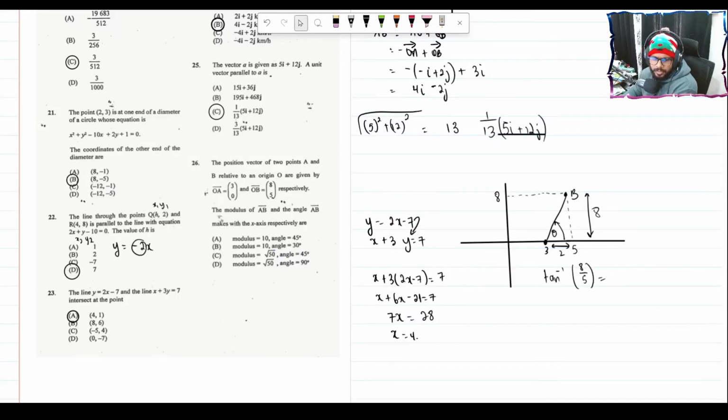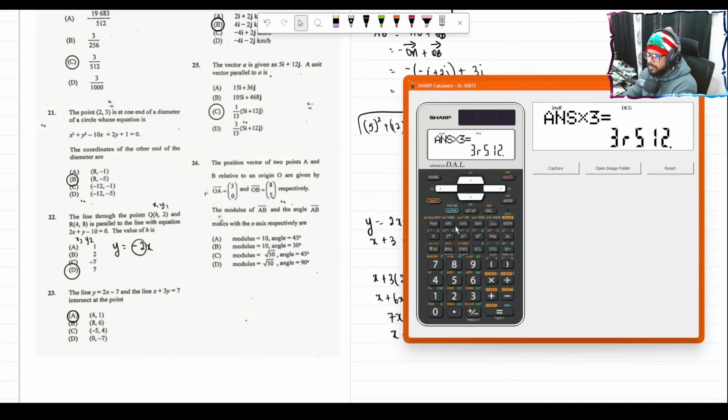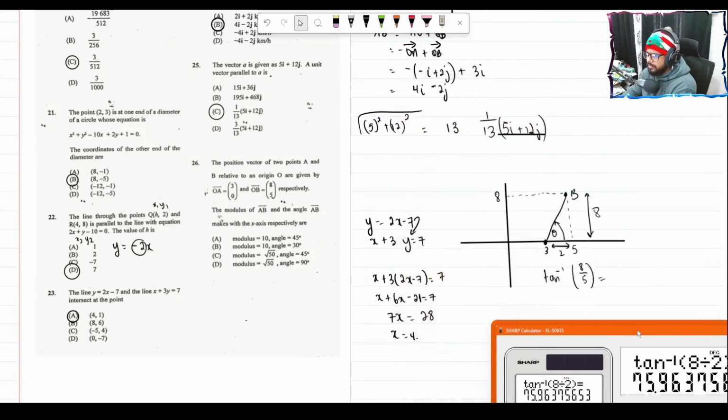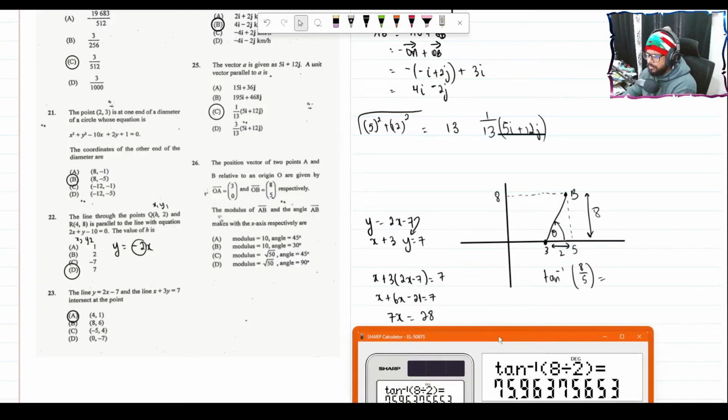Work it out, see what we get. Tan inverse of 8 divided by 2, sorry. That is 8, that is 2. A is 3, 0 and OB is 8, 5.